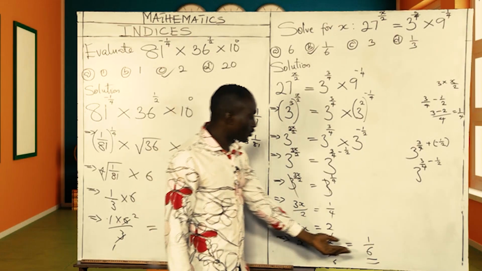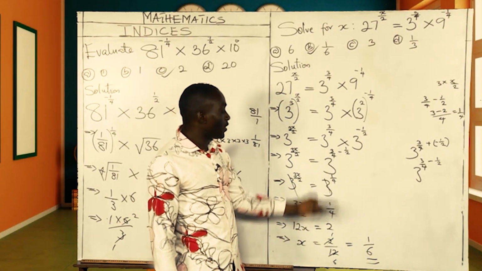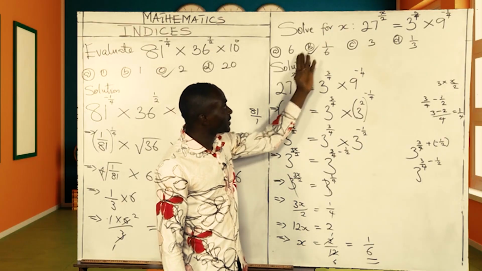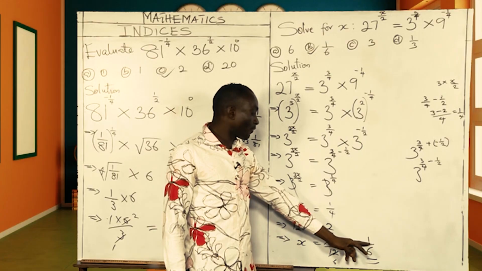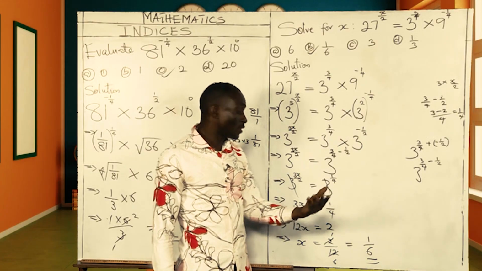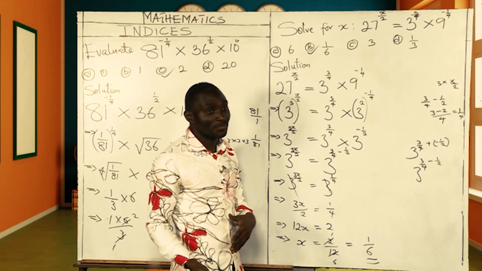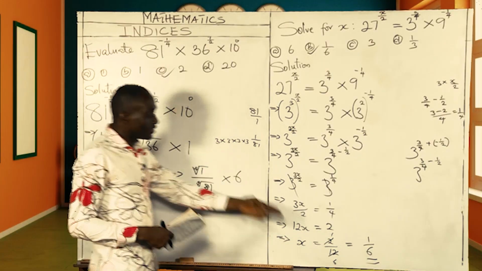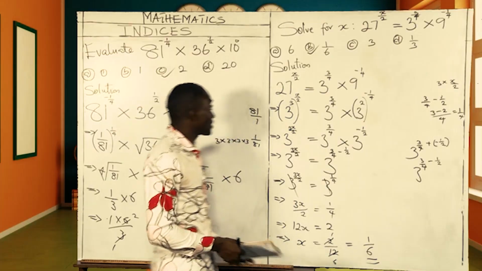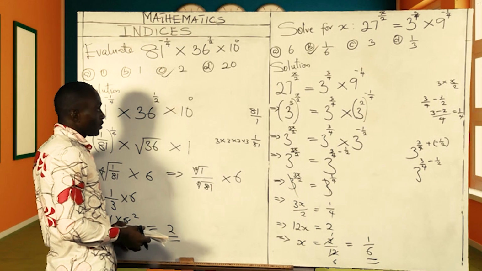Just know that the equivalent of 1 over 6 is 0.16, because that is the decimal equivalent. This one is decimal and this is fraction. That is it, and you mark your answer.